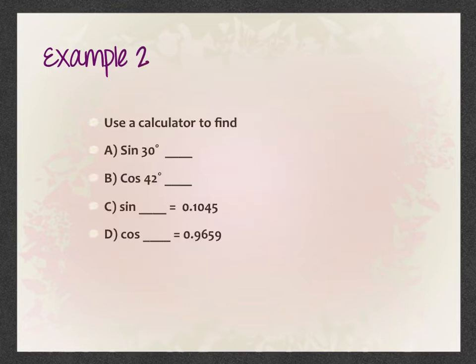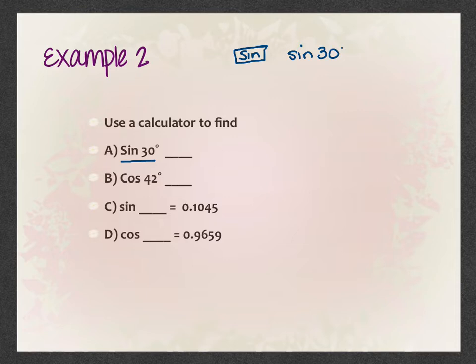Okay, example 2 says use a calculator to find. So now we want to make sure that on our calculator, we locate that sine button. Remember that there are two different types of calculators. One where if you hit the button that says sine, the word sine appears. And in that case, you're going to do sine of 30 in that order.